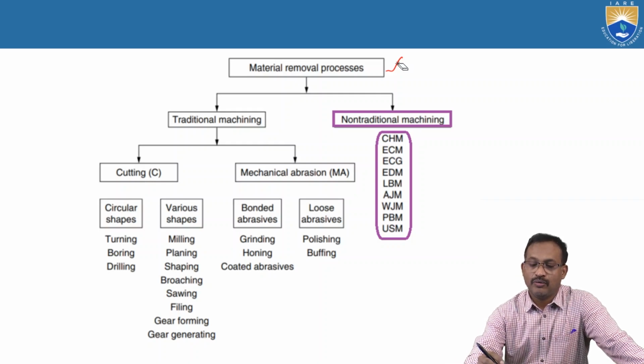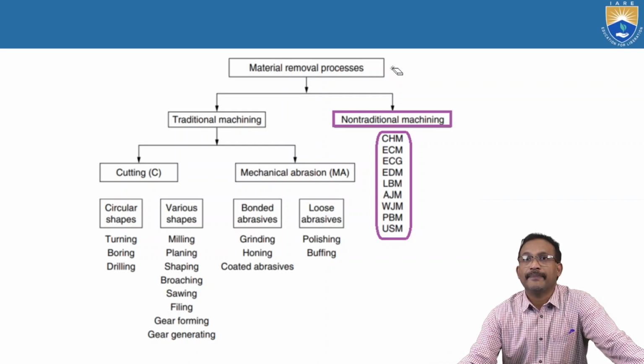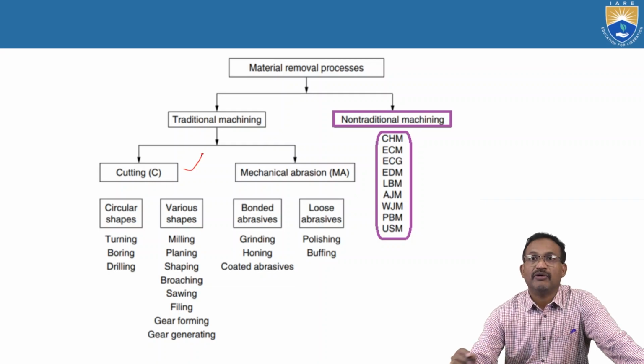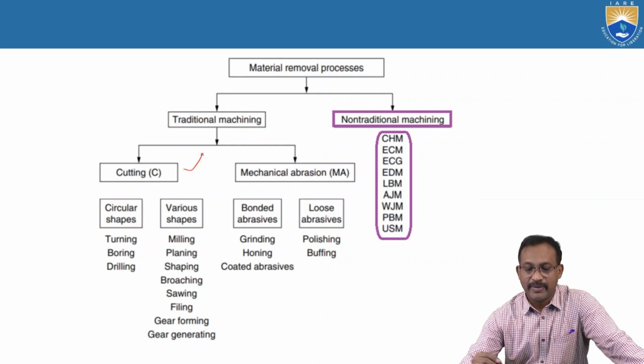Okay, now let us have a look on traditional machining. So in traditional machining, again, the material removal will be in two broad categories, that is cutting, number one, and mechanical abrasion. Later we will see the non-traditional or unconventional machining process.